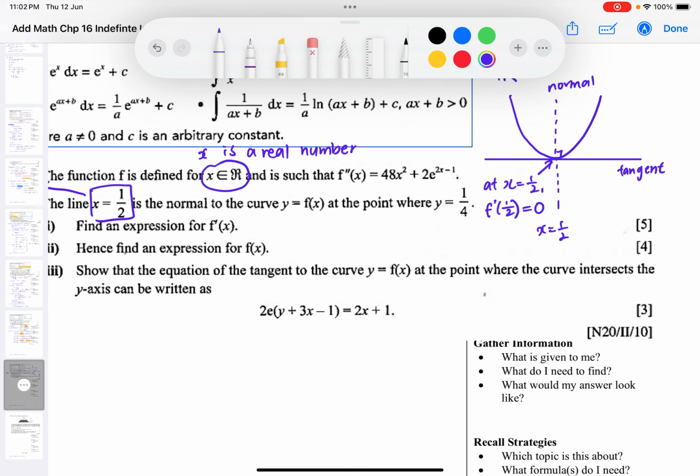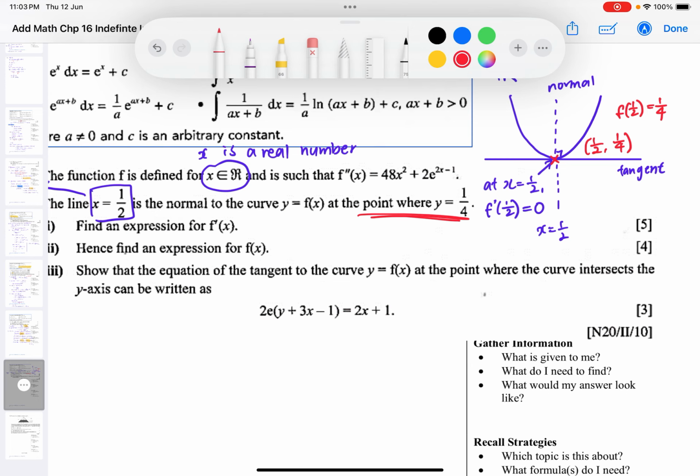The other thing that we know also is that the coordinate of this point, although not specifically mentioned, is actually half, comma, 1/4. Because they wrote here at the point where y equals to 1/4. So written in function form, I can write f of half is equals to 1/4.